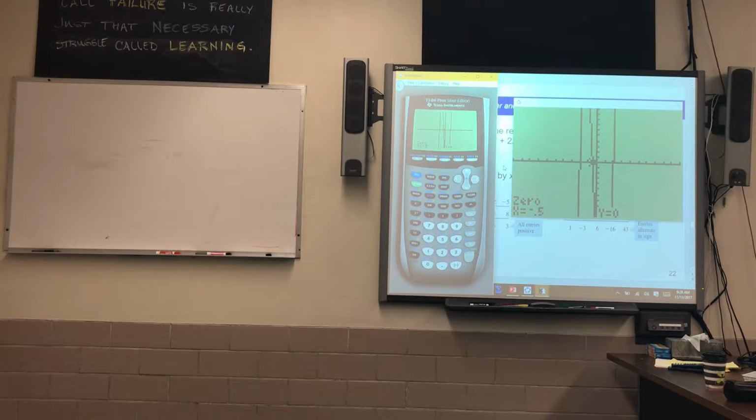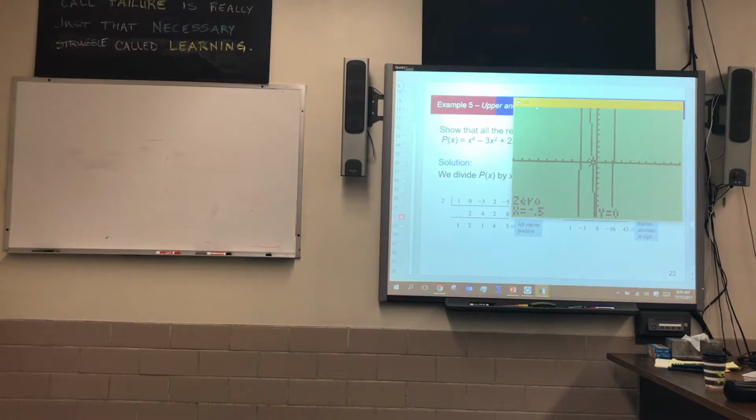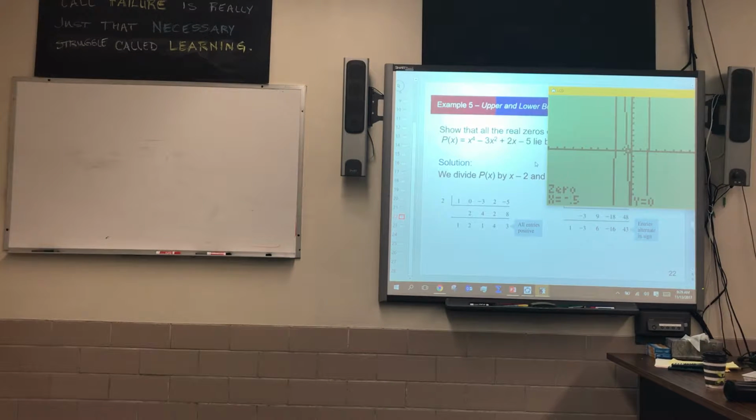All right. So I want to show you a couple examples here of how all of these things relate. And like I said, will we use these specifically? We might, okay? But I think what's also interesting is that we should be able to go through the tasks that we're going to be asked here in a moment. And as we do the synthetic division, we should be able to recognize these relations.